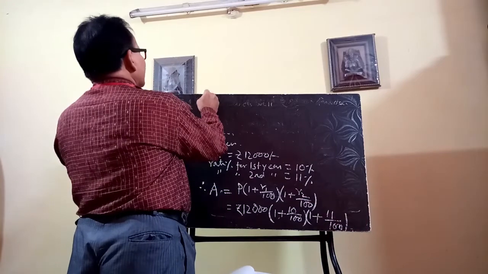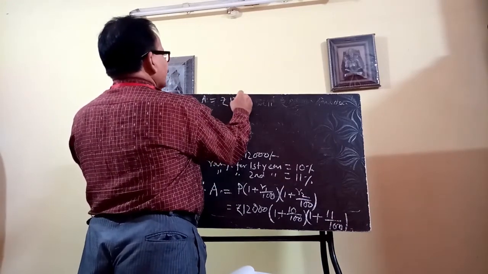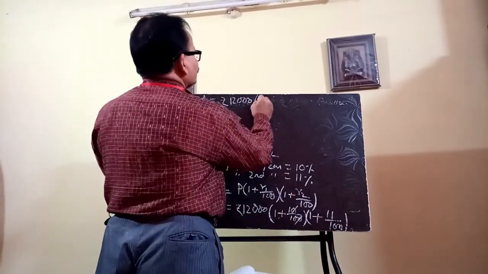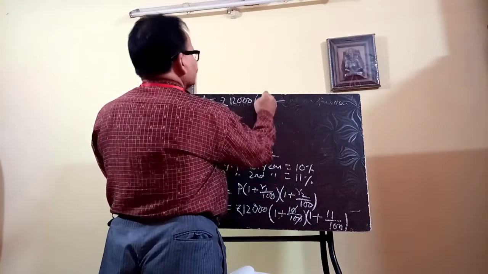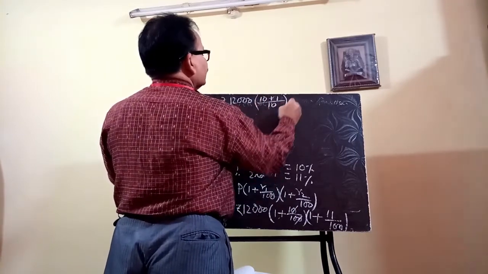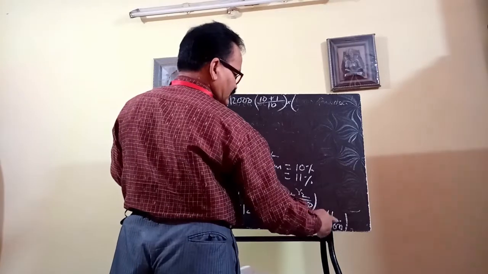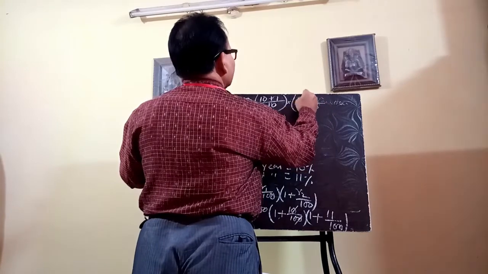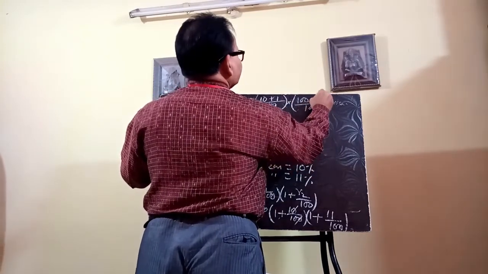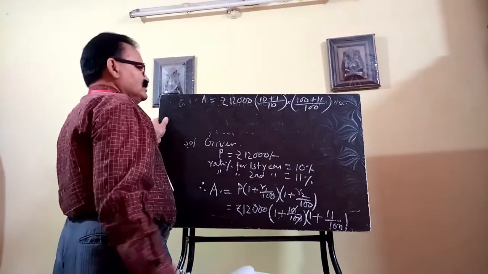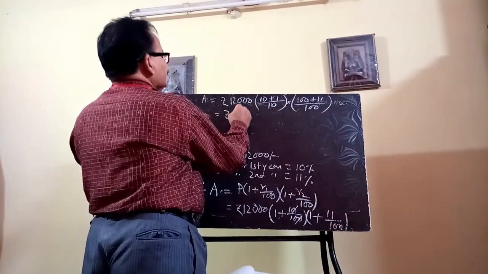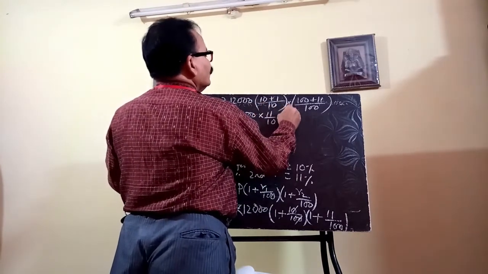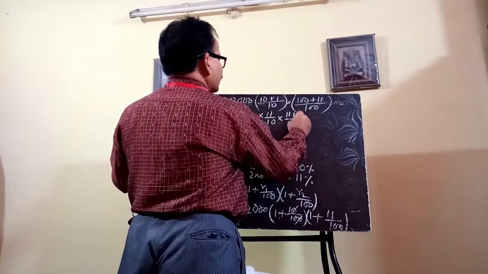This is your amount, which will be equal to rupees 12,000 under bracket, 1 plus 10 by 100. 10 is your LCM, so 10 plus 1, and again here 100 is your LCM, so this is 100 plus 11. So after simplification, this is your 12,000 into 11 by 10 into 111 by 100.